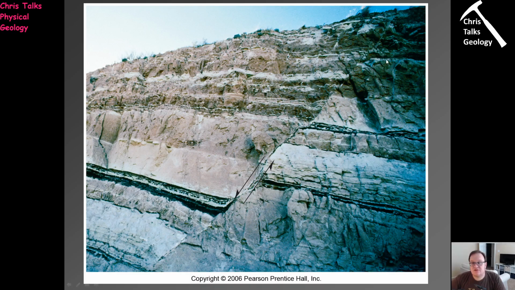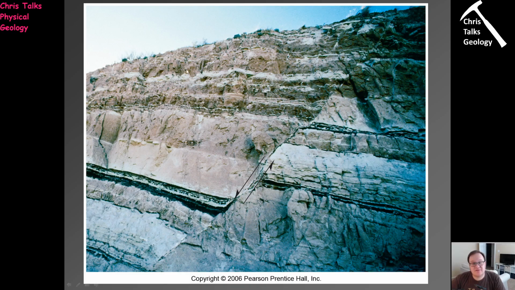So here's a nice example of a normal fault. Remember, we can work out which way the rocks are moving by simply looking at the marker beds, the indicator beds. We can see these two very distinct darker layers here and here, and here they are again, one layer there and another layer there. This layer here corresponds to this layer here, and this layer down here corresponds to these layers here.